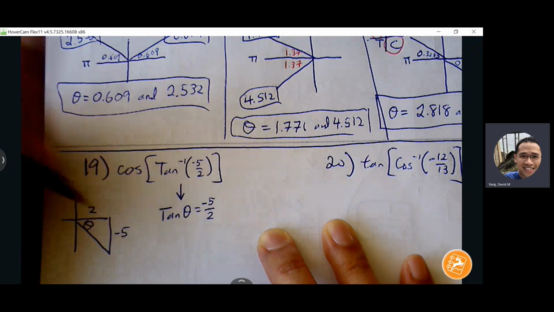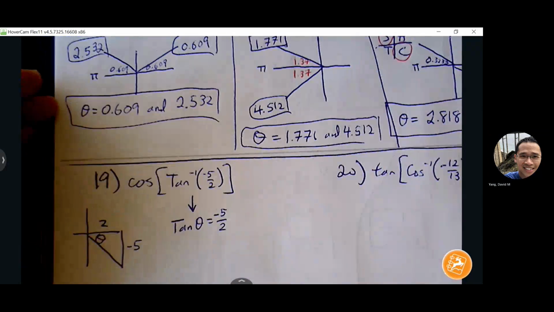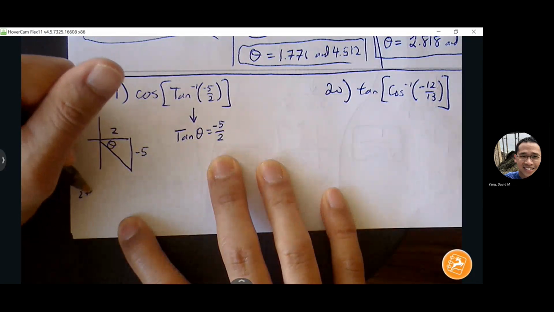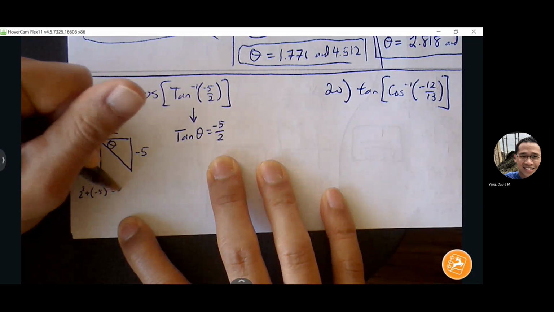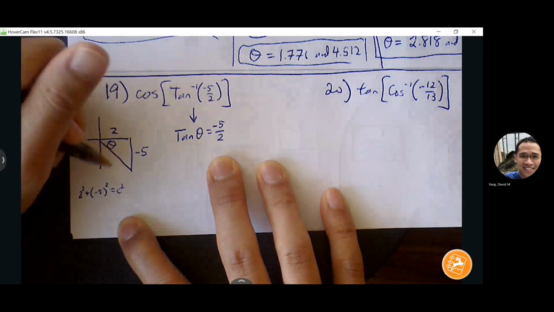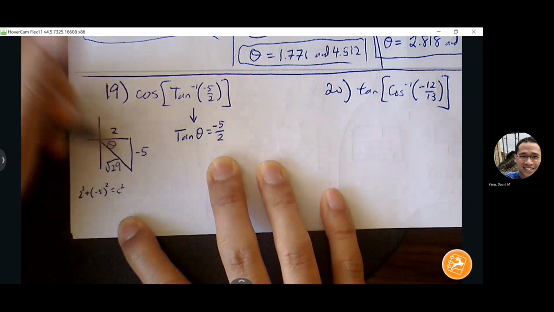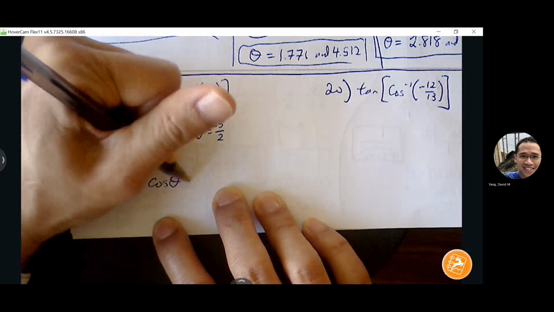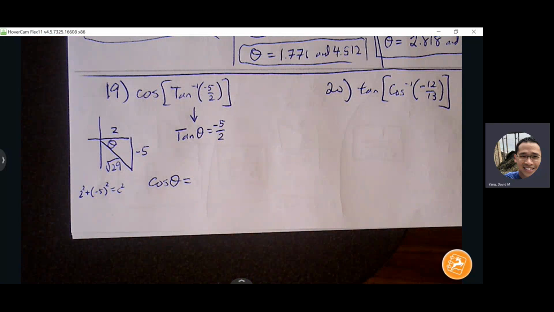Opposite over adjacent, Pythagorean theorem. Okay, so now a little bit easier, just find cosine of theta.